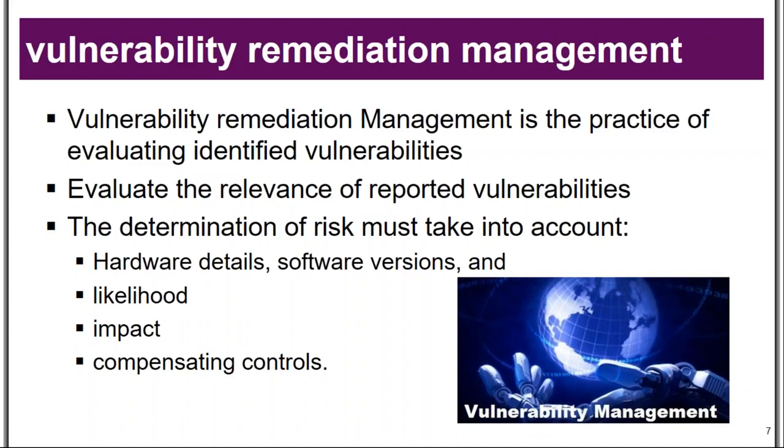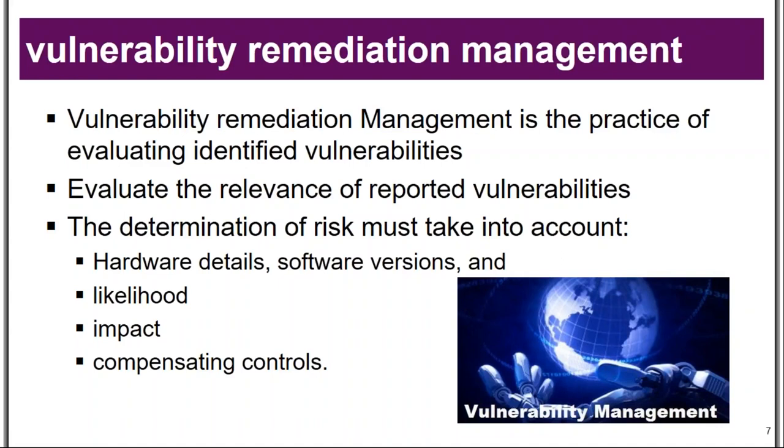Okay? When we're looking at it, as you see on my third bullet, the determination of risk must take into account the following. You have to evaluate the relevance of those reported vulnerabilities, identify that associated risk to your technology assets, and then take into account your hardware details, your software versions, and the configuration of your information systems as you recorded them in your asset inventory.